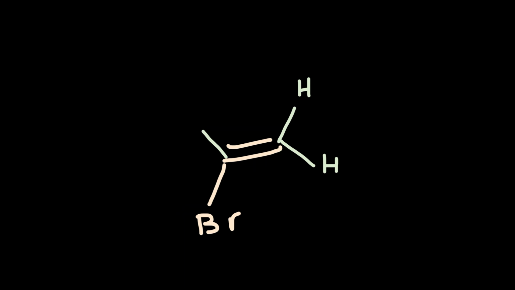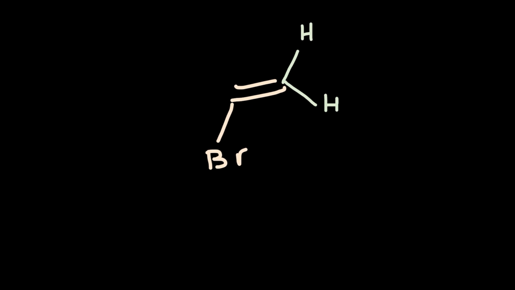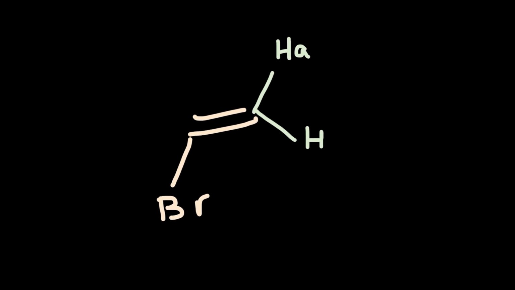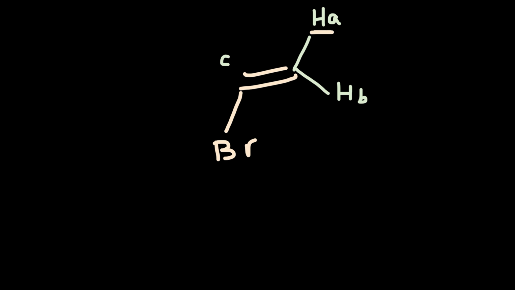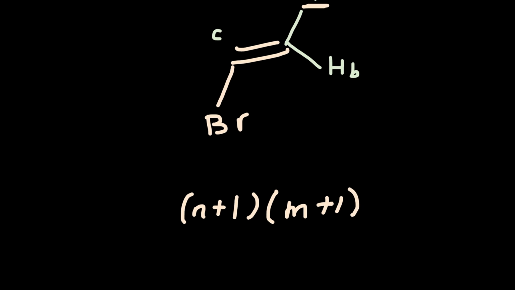So even though they're both CH2 on an alkene, they're non-equivalent. So we label this as type A, type B, proton type C, and there's no proton down here. So if we want to find the coupling for HA, we'll say it is the proton type 1 times adjacent proton type 2, because it's adjacent to 2 different protons.